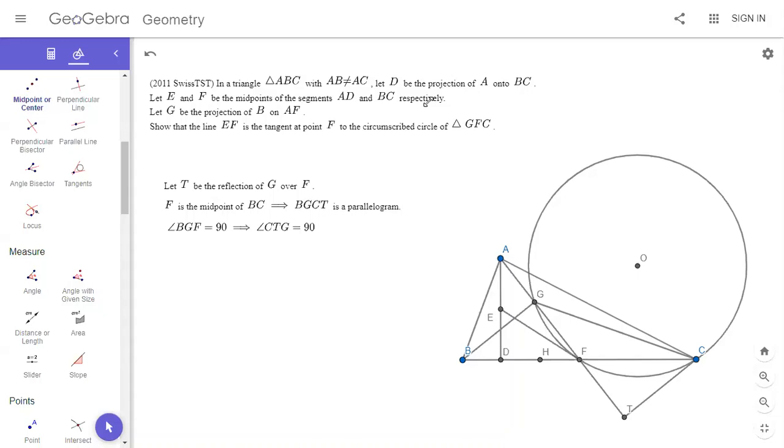But how do we know DF over AF is CT? Yeah, that's basically what I was trying to do by constructing this point H. Wait, DF over DA is equal to CT.